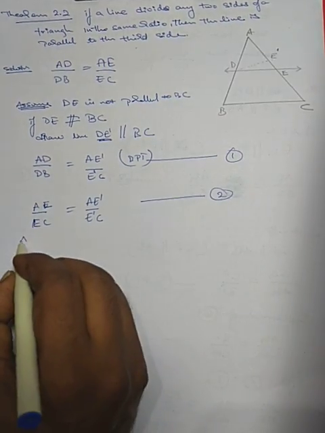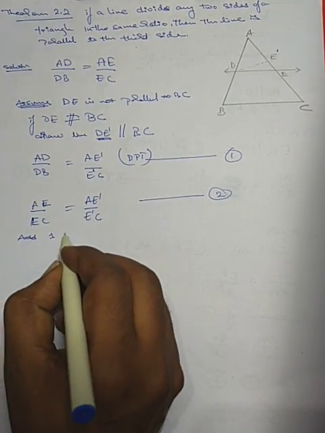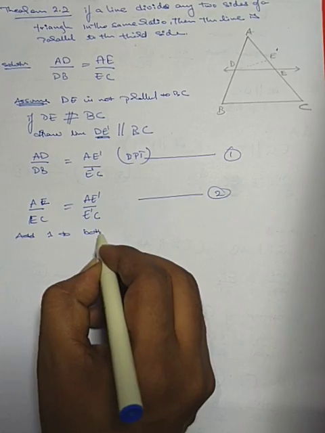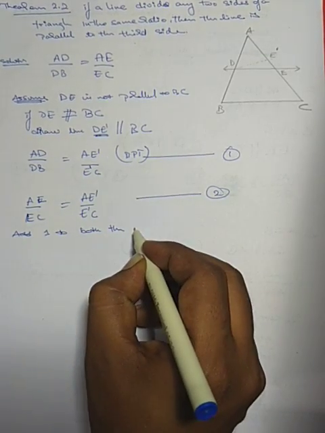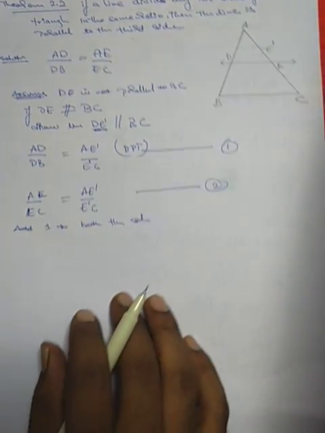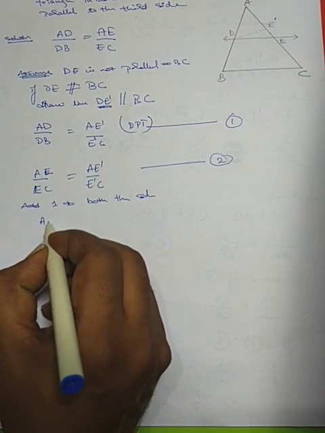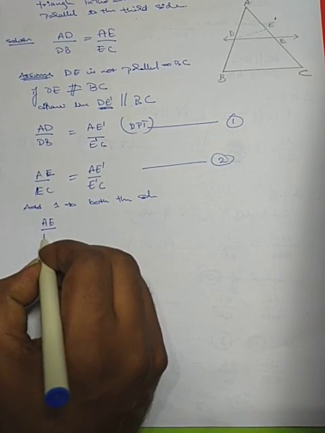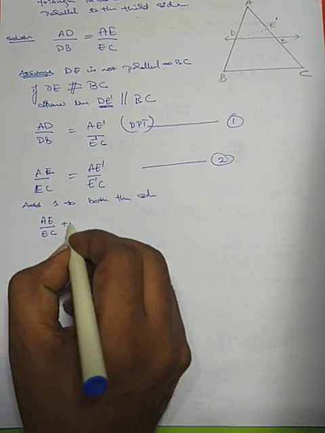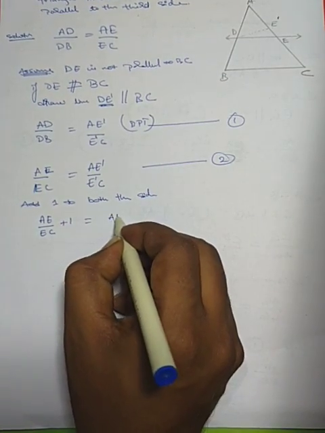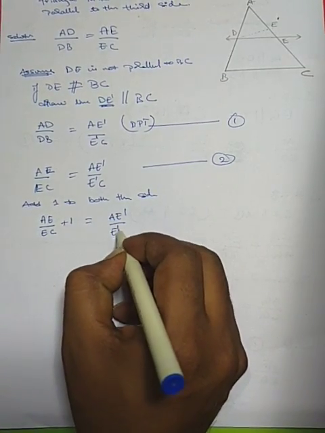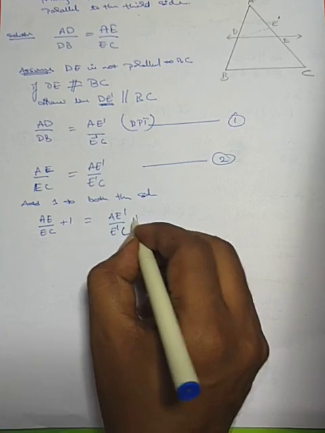Now we will add 1 to both sides. If you add 1 to both sides, the equation will not change. This leads to AE over EC plus 1 is equal to AE dash over E dash C plus 1.